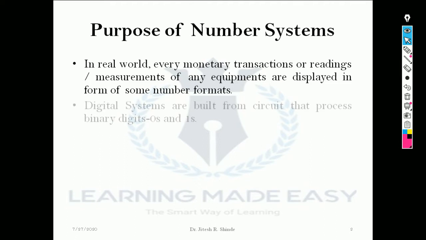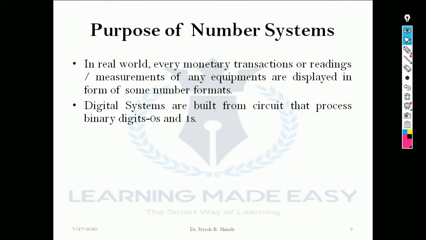Digital systems are built from circuits that require the input as well as output data in the form of binary digits, zeros and 1. In fact, it operates on the binary digits, zeros and 1. If you are giving the input in the form of, say, a decimal number, we have to convert that data into the binary number system.